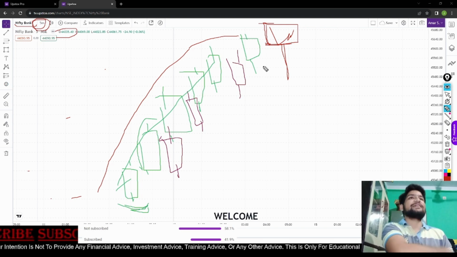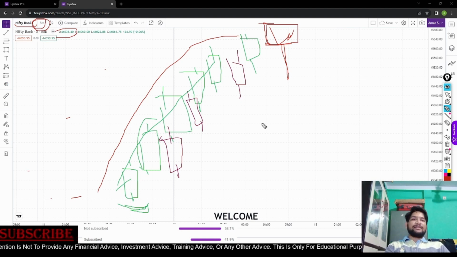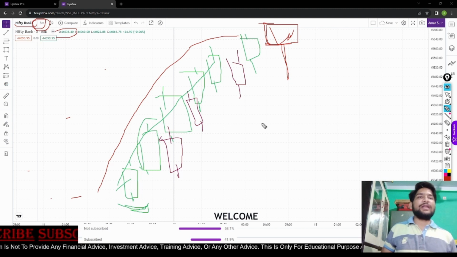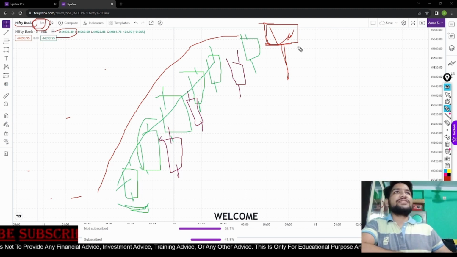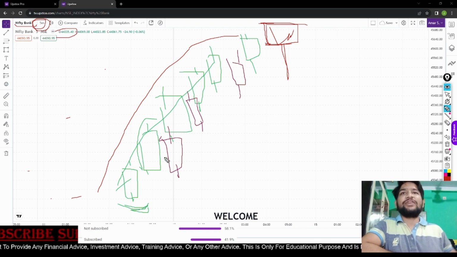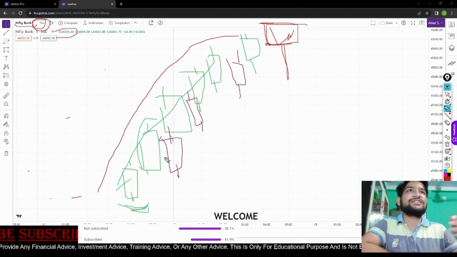Minimum there should be 11 candles, and maximum can be anything above 11. So after the formation of this hanging man candle, and we have also rechecked our rules, the rules I have already mentioned.